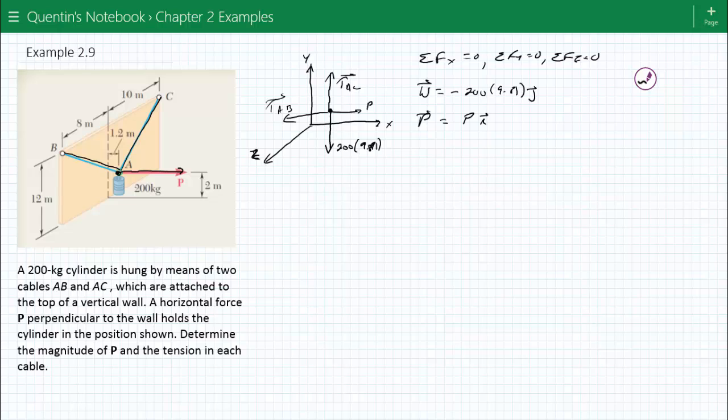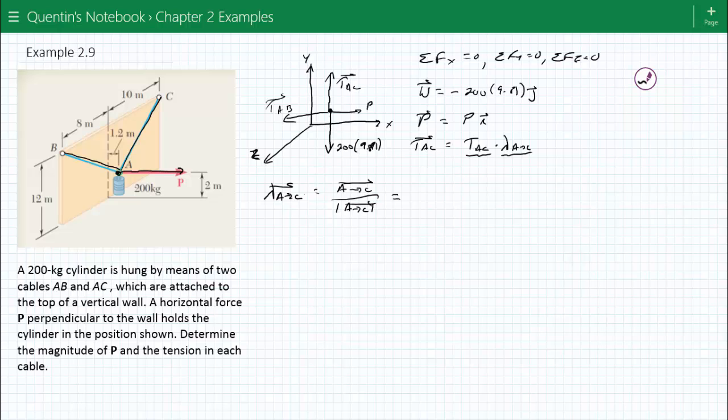Now TAC and TAB. How are we going to do that? Well, big picture, the vector TAC is going to be the magnitude times lambda from A to C, and same with the other one. So this is an unknown, so we need to figure this out. Lambda from A to C is the A to C vector over the magnitude of the A to C vector. So what is the A to C vector?